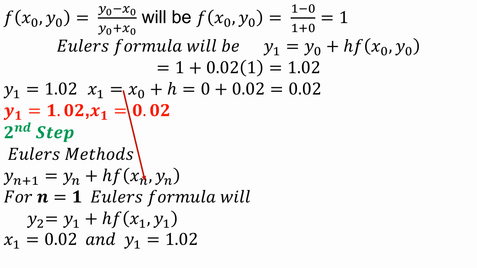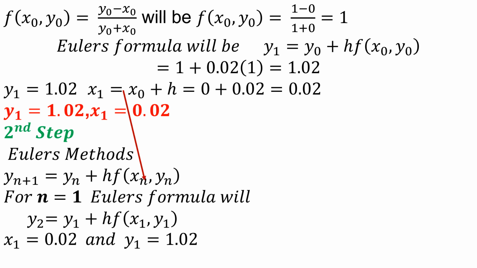So y naught is 1, that is given. After all calculations the answer will be 1.02. That is the value at n equal to 0. Because the first step started from 1 and the step taken is 0.02, accordingly y1 will be 1.02.